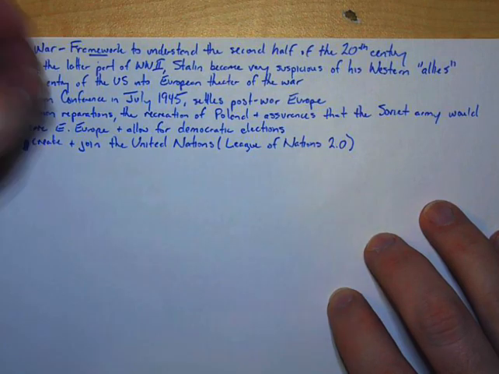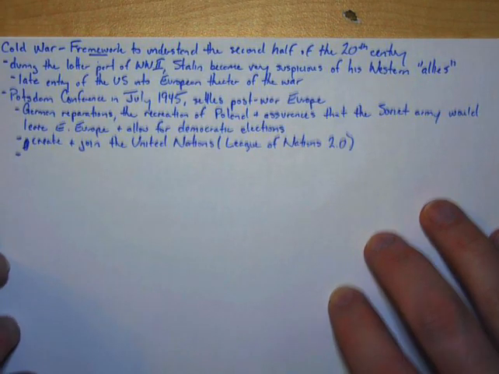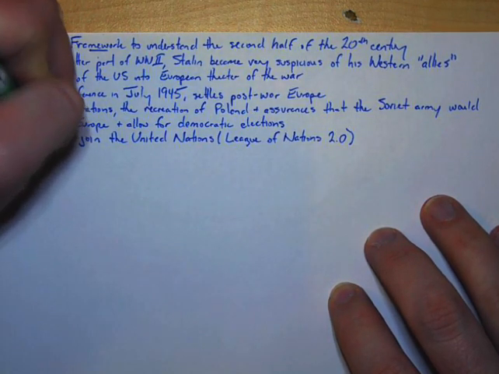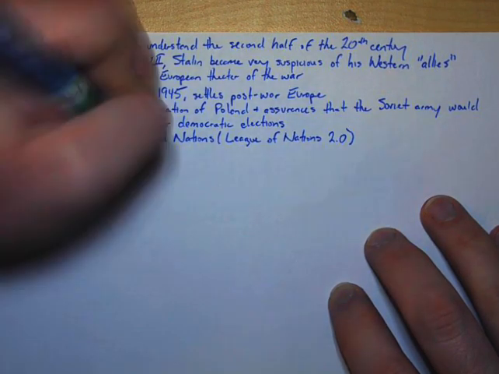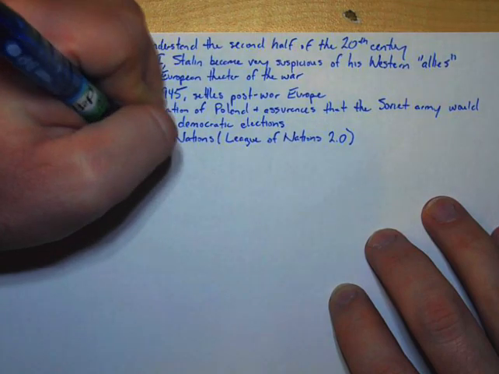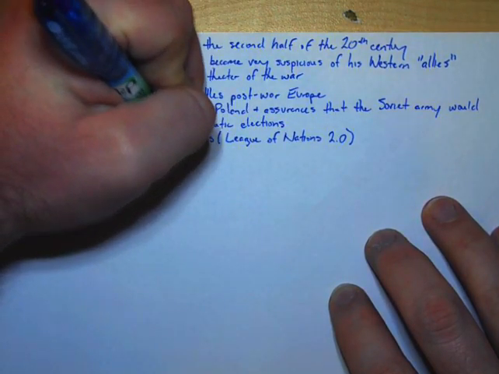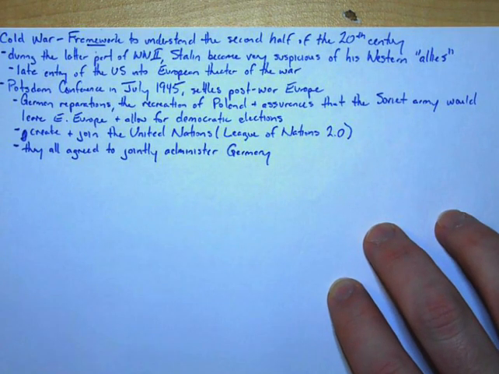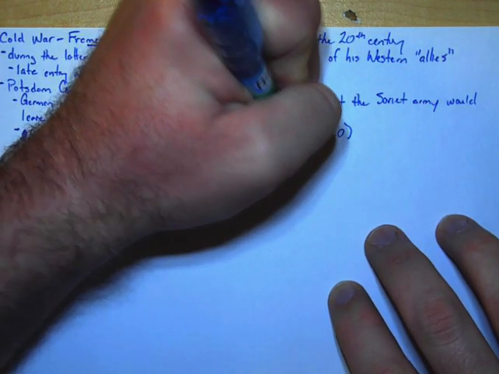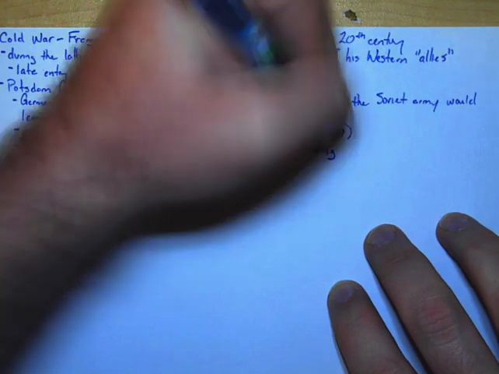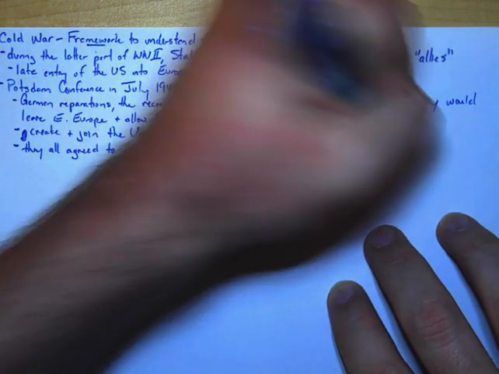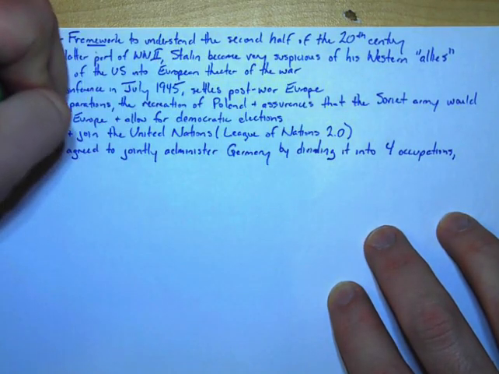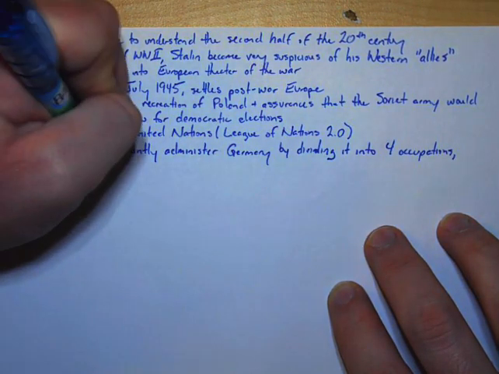But the most important thing, especially for understanding what's going to happen in the Cold War, is that they all agreed to jointly administer Germany by dividing it into 4 occupation zones, each run by one of the Allies.